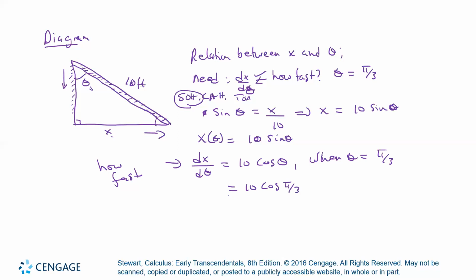Cosine of pi by 3 is 1/2, so this is 10 times 1/2, which is 5. The rate has a unit: x is in feet and the angle is in radians, so this is 5 feet per radian.